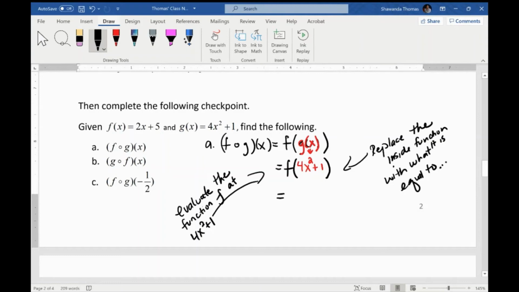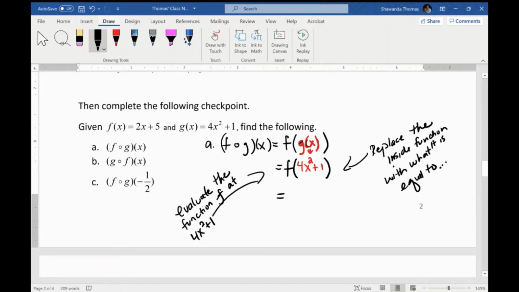Evaluate the function f at 4x squared plus 1. What does that mean? That means you gotta put 4x squared plus 1 where the x is in 2x plus 5.